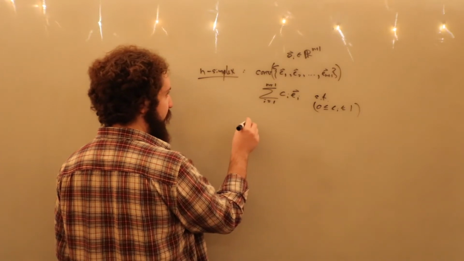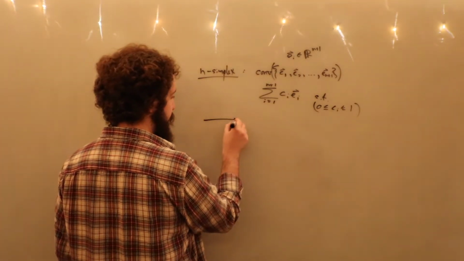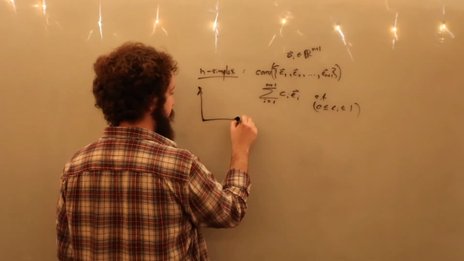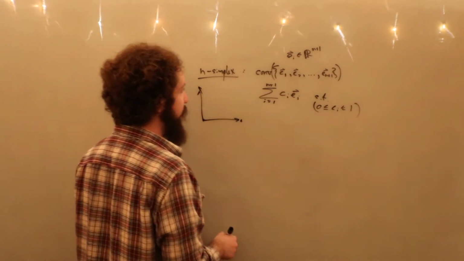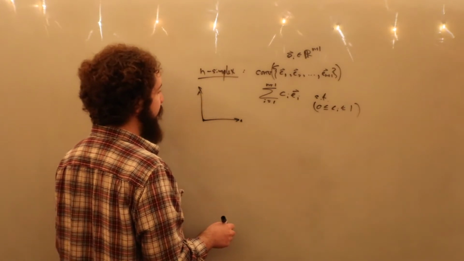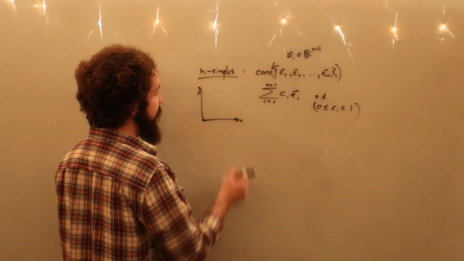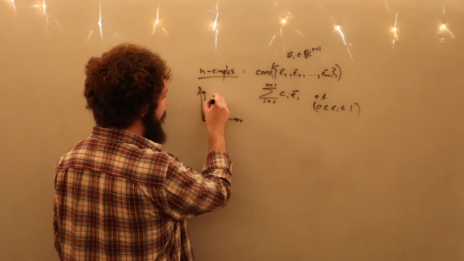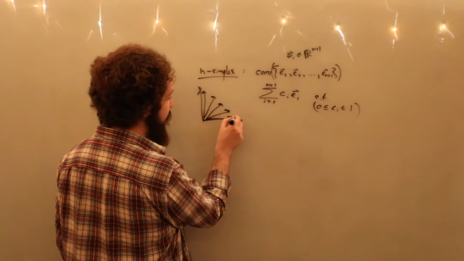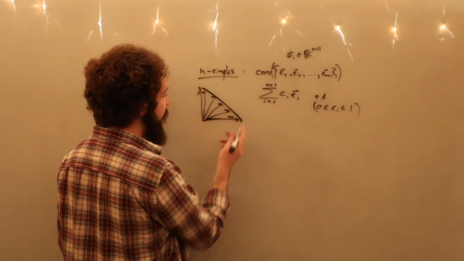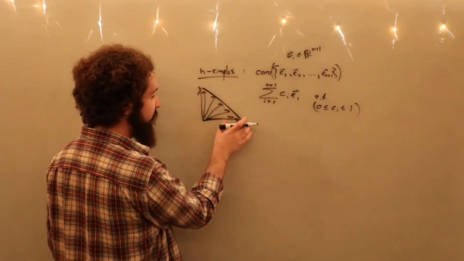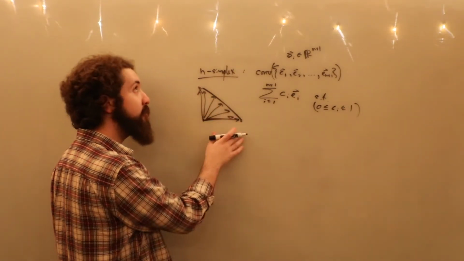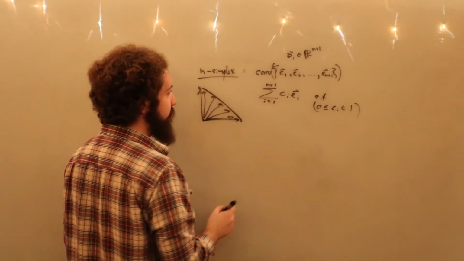So this is in R2. In R2, we're going to have the 1-simplex defined by the convex hull of these 2 vectors, which is going to be what? It's going to be every vector in between here along this line. Equivalently, it is all the points contained between these 2 points, which is a line segment.